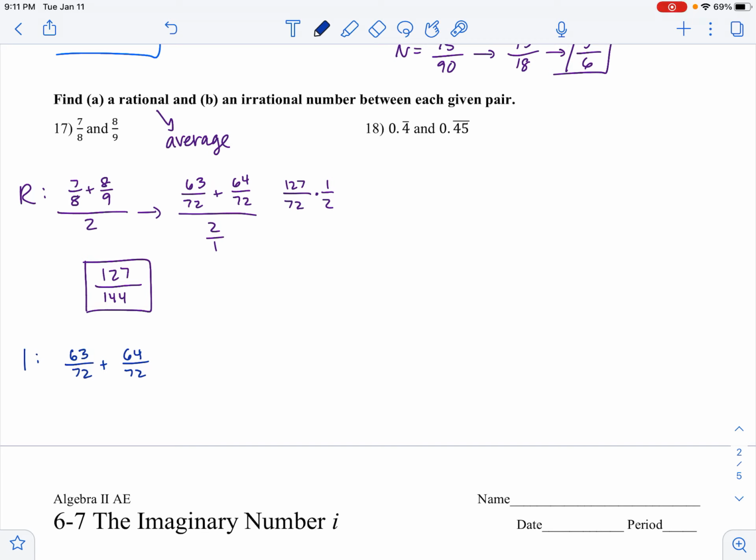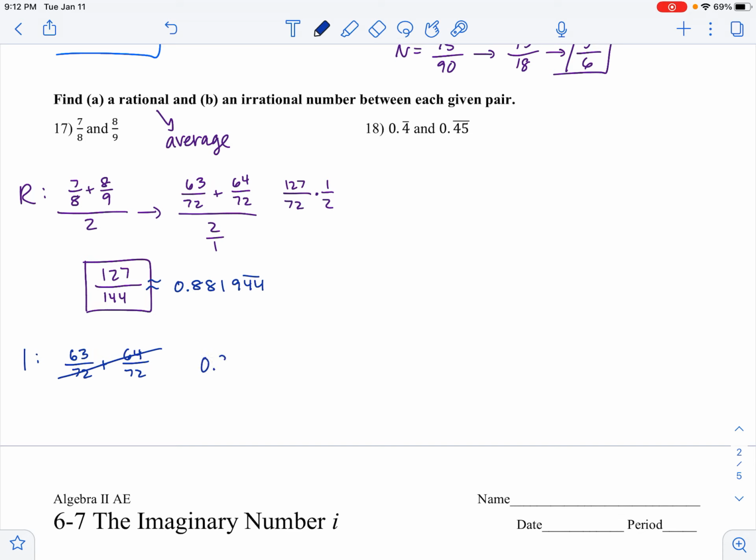There's a couple different ways you can do questions like this, and there's not really one answer. One thing that you can do that I think is what I'll do right here is I will estimate this answer on my calculator. So when I estimate this answer, I'm going to get 0.8819, and then I get 4 repeating. So let me just take that and let me just change it so it's irrational.